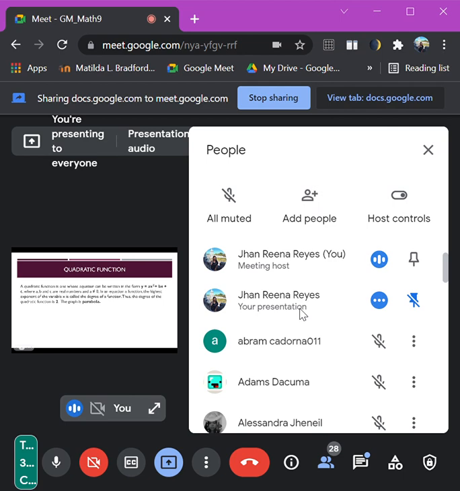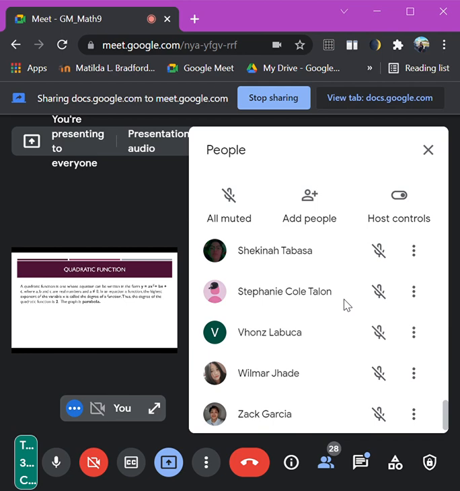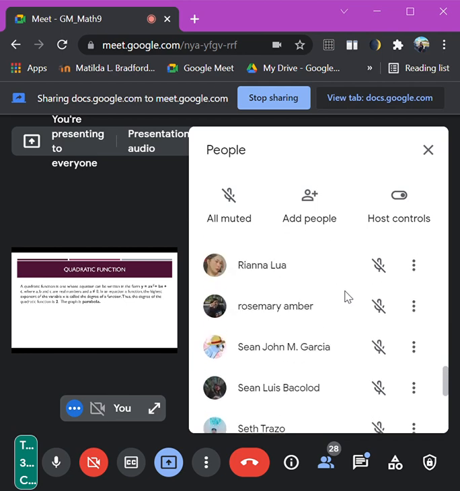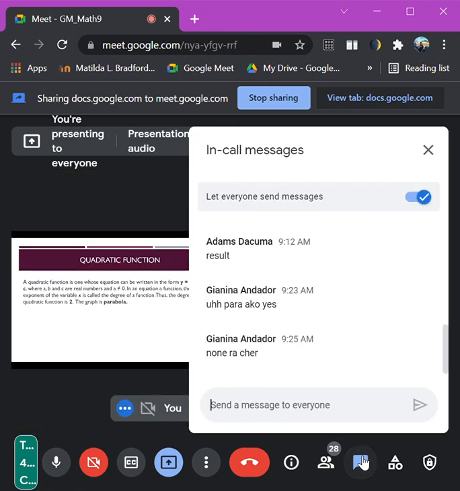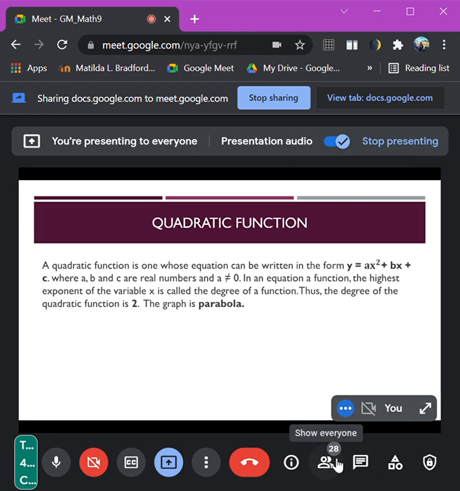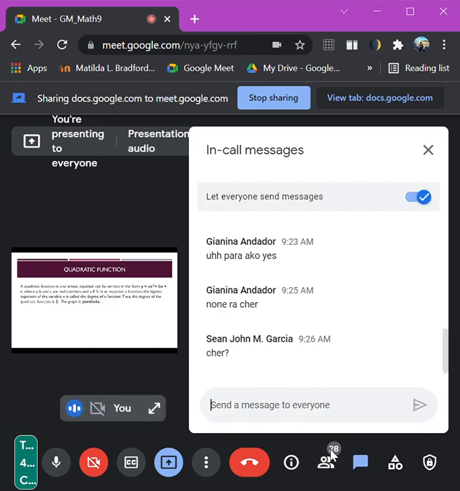So can you please read, Sean John Garcia? Hello? Is Garcia there? None? Yeah, please read the definition of quadratic function.